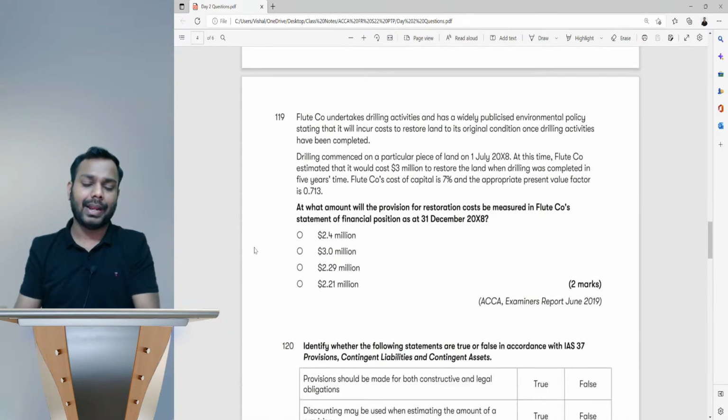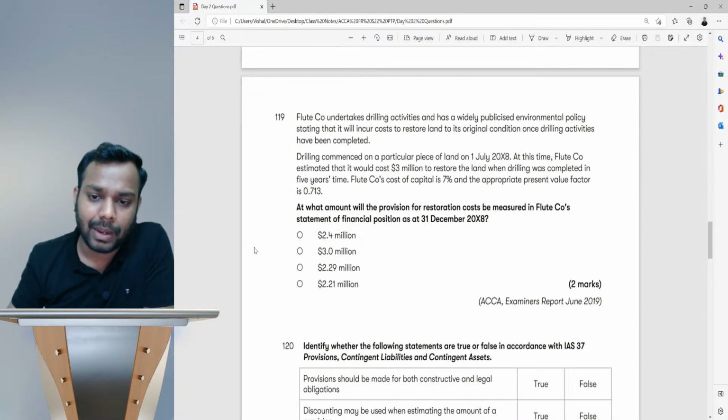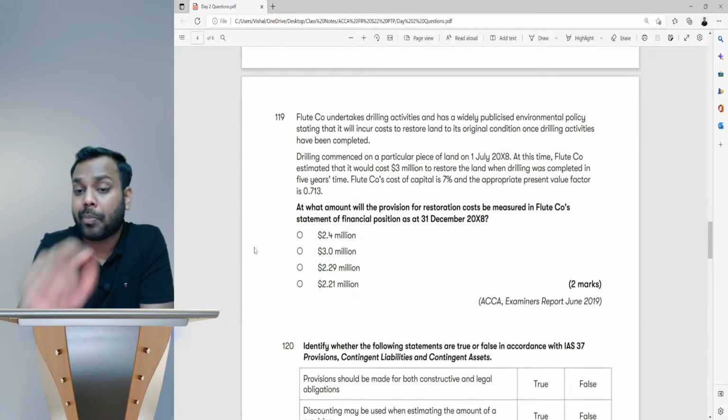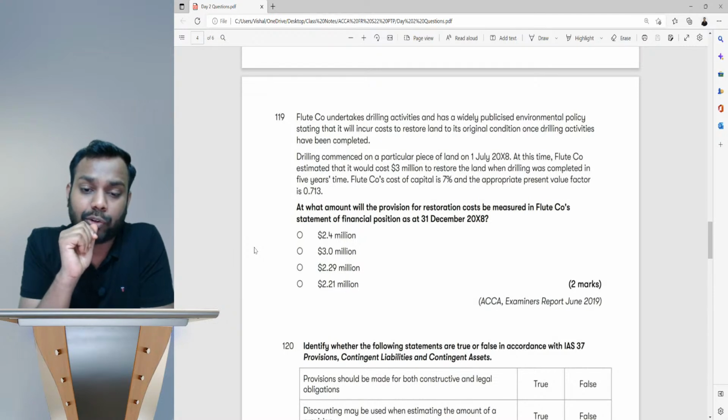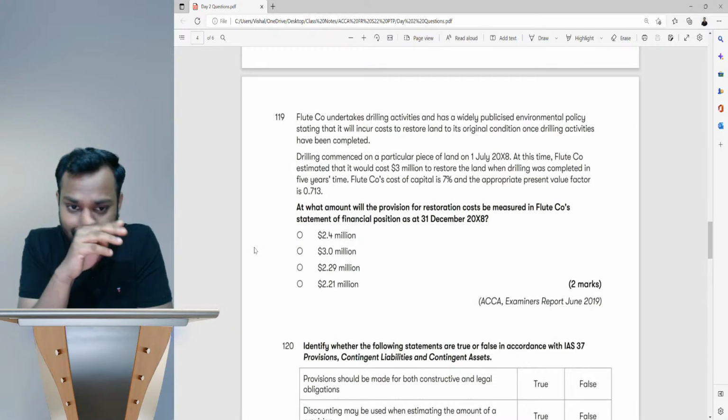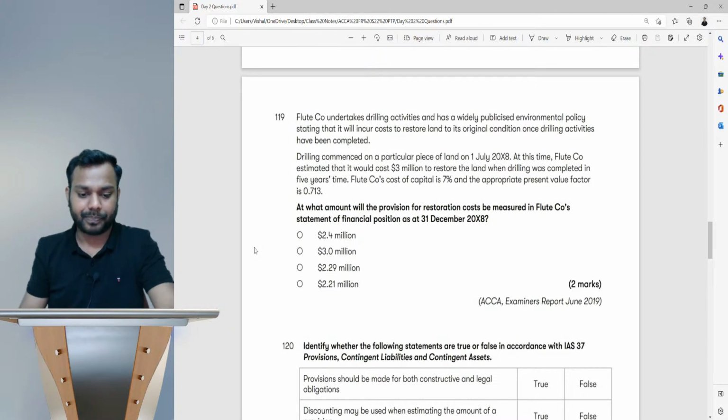Fluid company undertakes drilling activities and has a widely publicized environmental policy stating that, okay, again it's an environmental policy. Company policy means constructive obligation, that it will incur cost to restore land to its original condition once drilling activities have been completed.